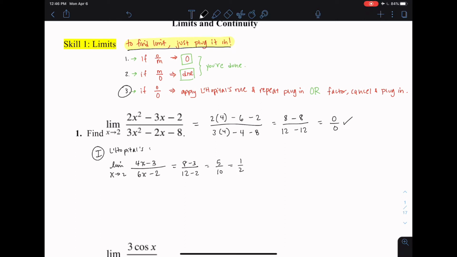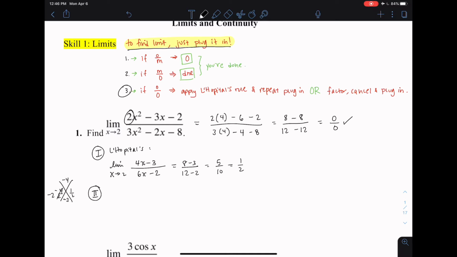Now, the second option, especially if you notice you have factorable polynomials, is we can simply factor and see if anything cancels. So in this case, I'll factor the numerator. I need 2 numbers that multiply to -4, but add to -3. I'm dividing by the number in front.